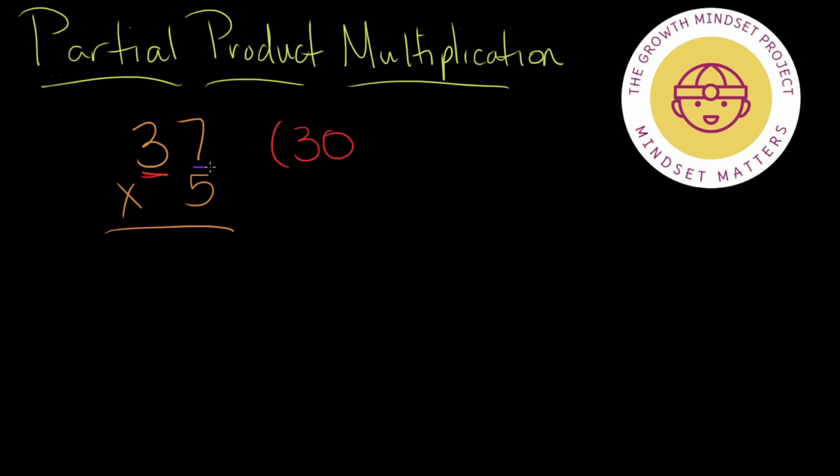And this 7, because it's in the ones place, well, that's just a 7. 37 is really 30 plus 7. And we have the 5 right here, and the 5 is just 5, because once again, these are in the ones place.